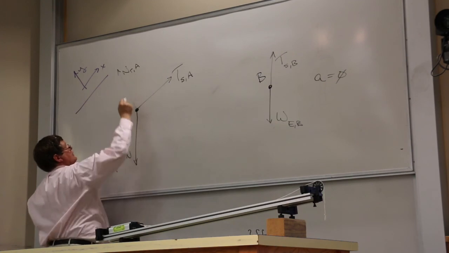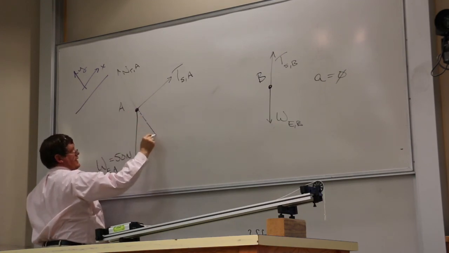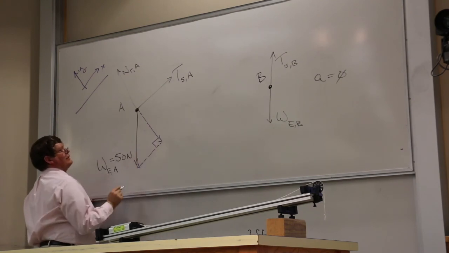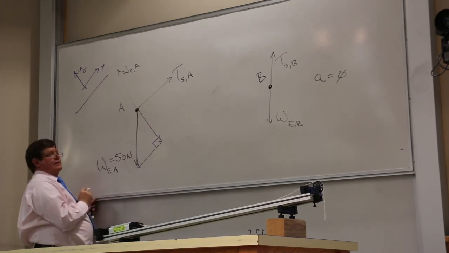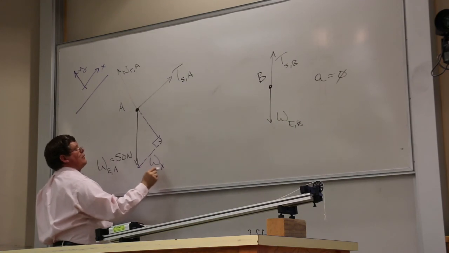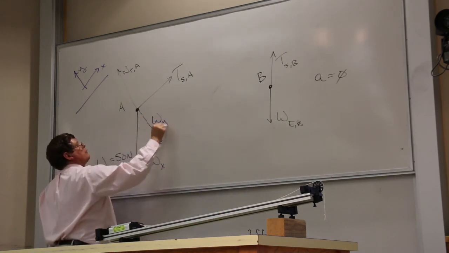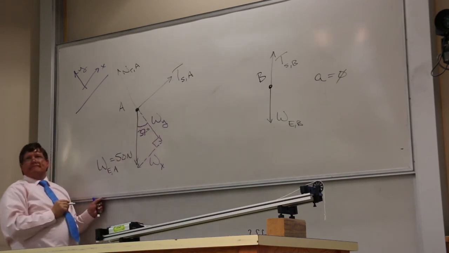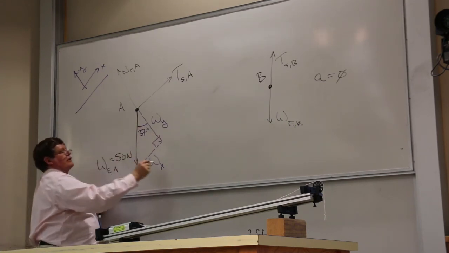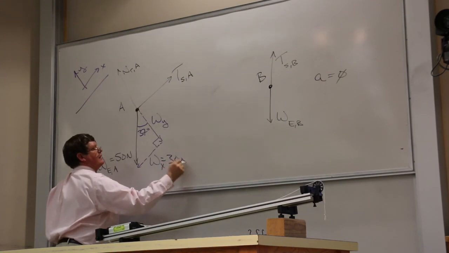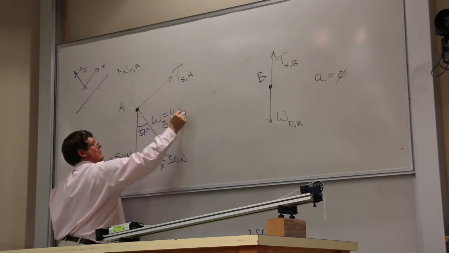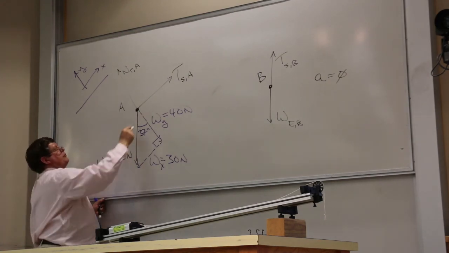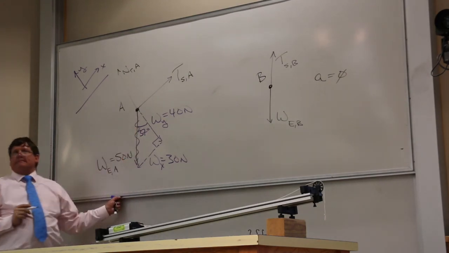We look in the direction of the normal force, we go the other way until we can make a 90-degree turn and get to the end of the vector. This is going to be the x part of the weight, this will be the y part of the weight, and this angle will always be the angle of the hill. Now, because that's 37 degrees, this is going to be a 3, 4, 5 triangle. Once I break it up into parts, I throw away the original.